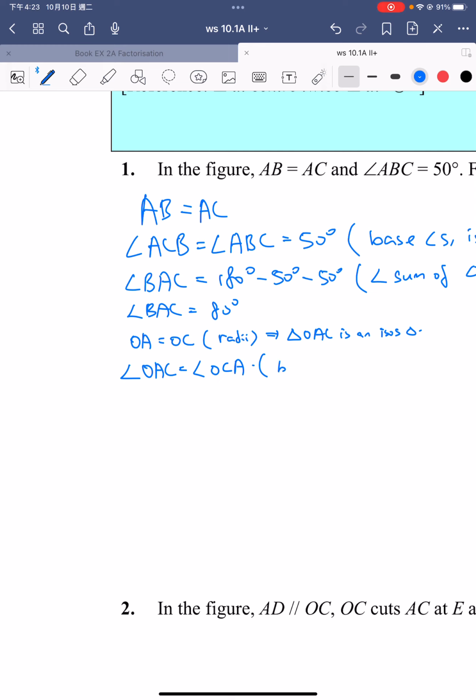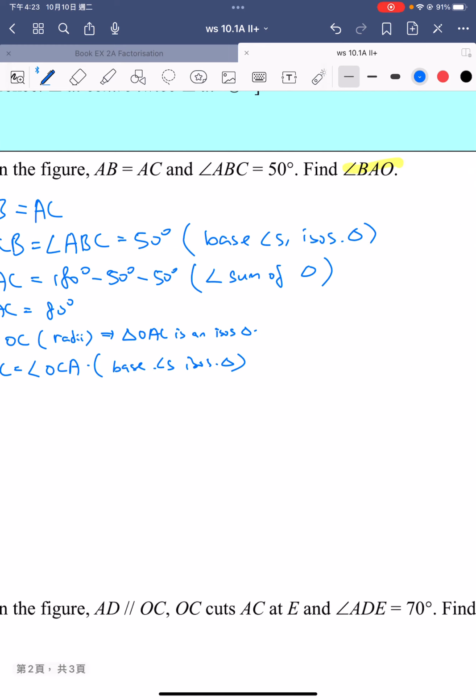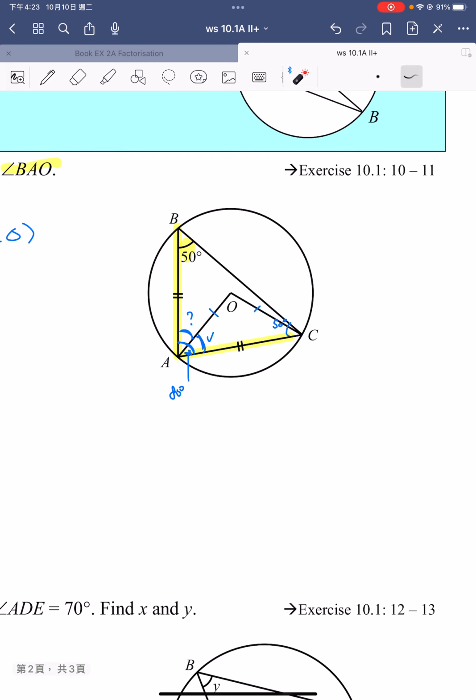That's the base angles of an isosceles triangle. So if we can find out what is the angle at the center, then we can directly find out what is the angle here. If you realize that, the angle O is watching this arc AC, isn't it?